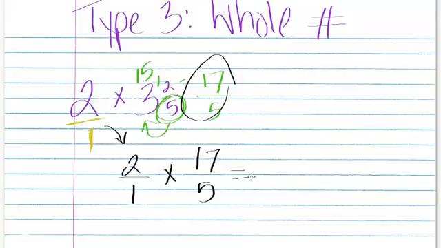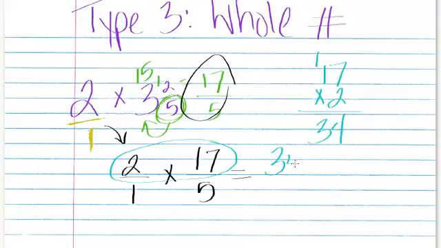There we go. And now I have basic fractions. I can multiply top times top. 17 times 2, that's 14. That's 3, so I have 34 on top. Times bottom, bottoms. 1 times 5 is 5. I cannot leave it this way.